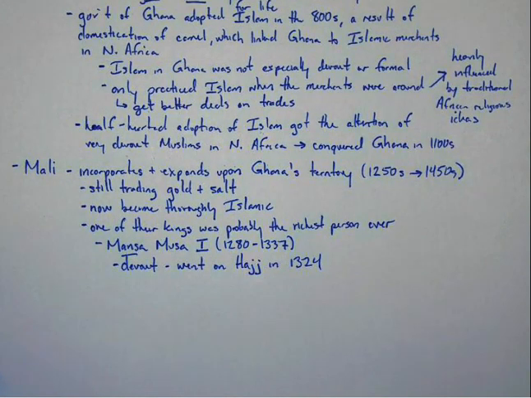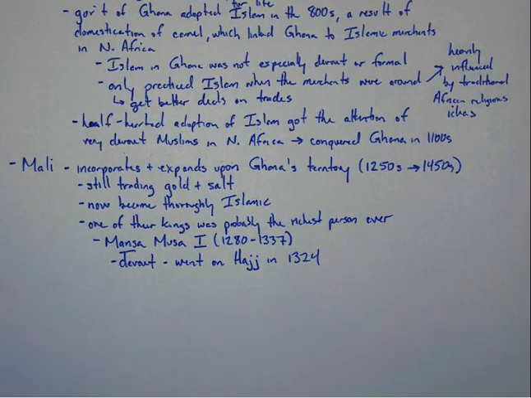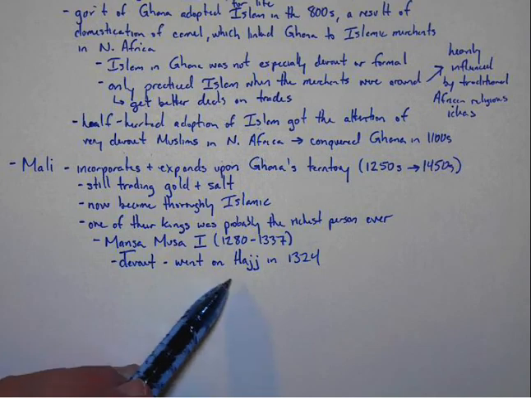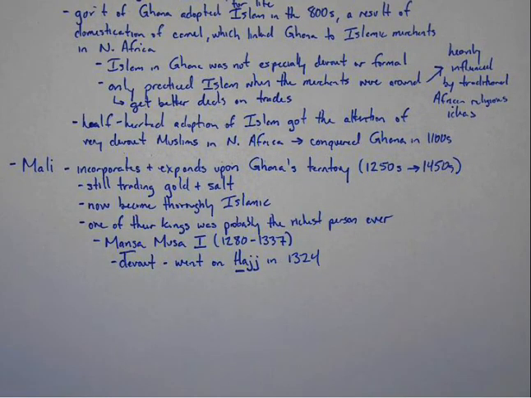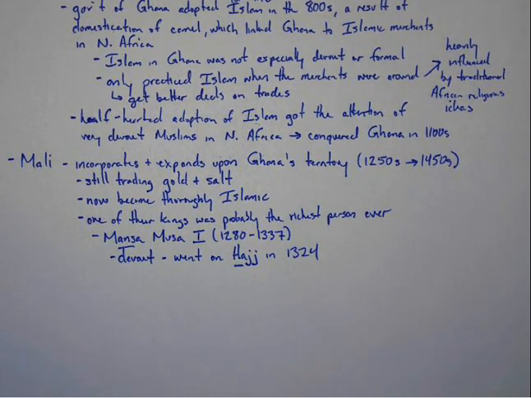So we know this area was very Islamic because their king actually went on the Hajj, which was the Islamic pilgrimage to Mecca. And that's not something you do lightly.